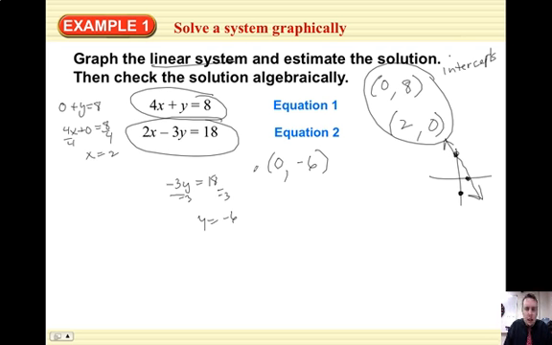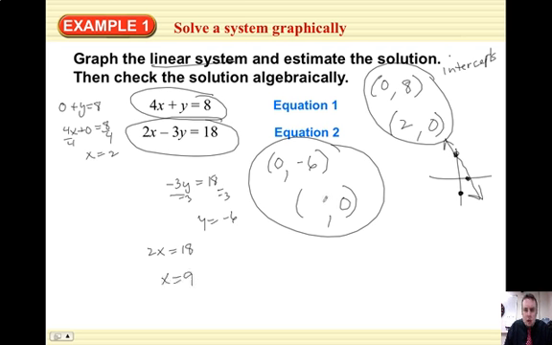Then you plug in 0 for y. That's nothing right there, so 2x equals 18. x equals 9. So 9, 0 is over here somewhere.